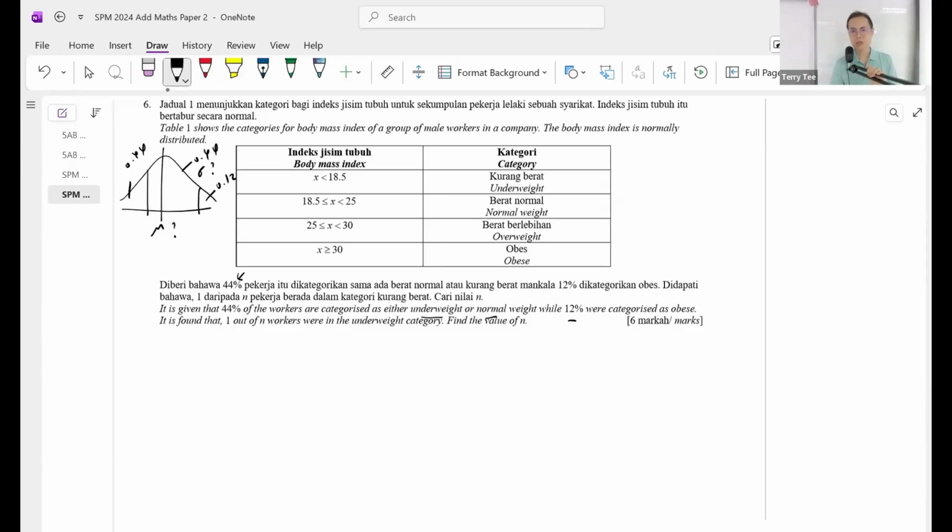We know the cutoff for underweight is 18.5, right? The mean we don't know. Maybe I just put obese, because obese is 30, right? Normal weight we don't want to put, because they say 44% normal weight or, okay, sorry, 44% normal weight or underweight.